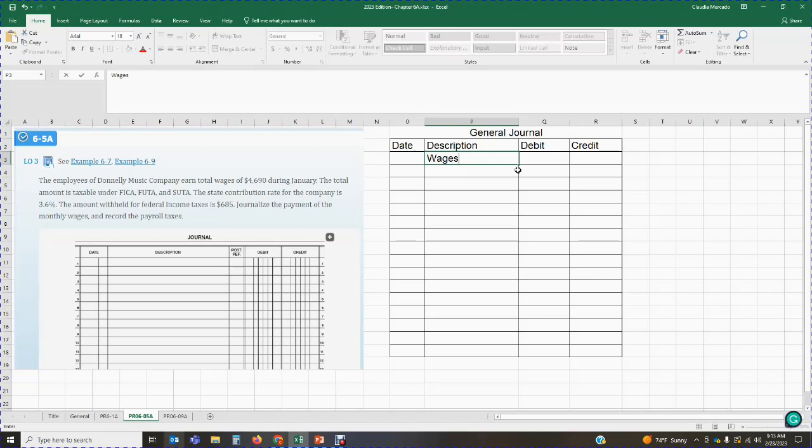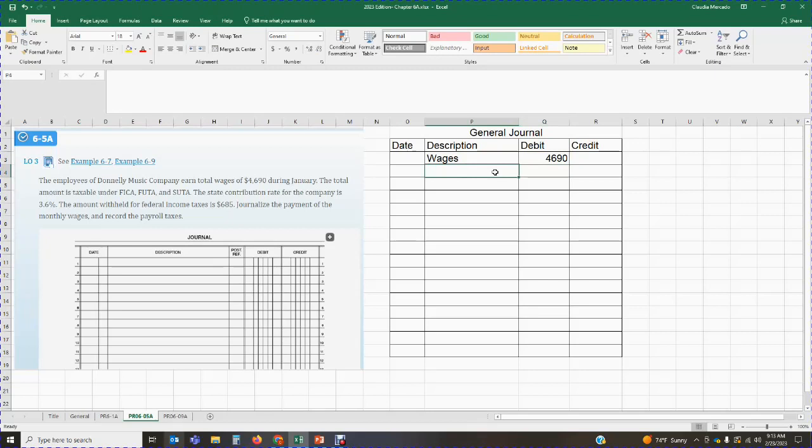So wages expense has a normal balance of a debit. My employees earned $4,690. That is an expense to the company. The company has to pay out $4,690 to pay their employees. That is the expense entry, the debit entry.